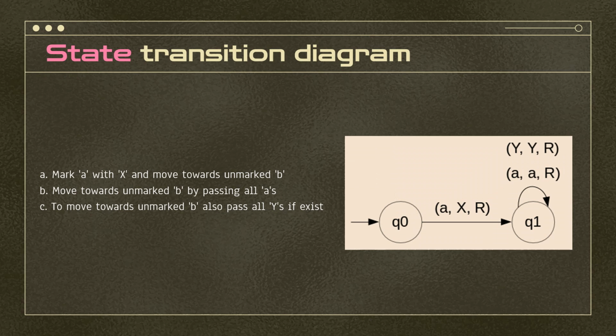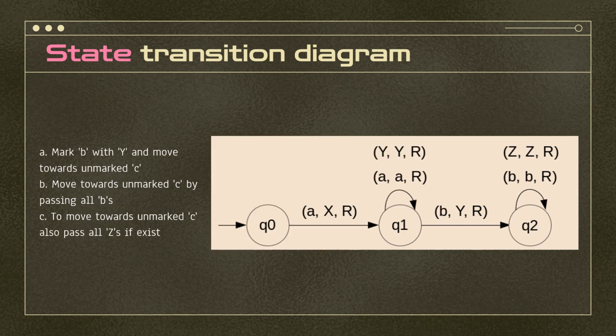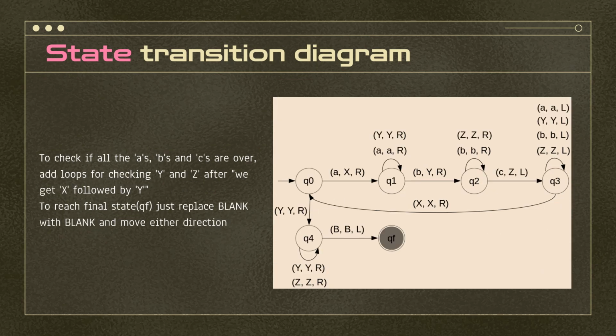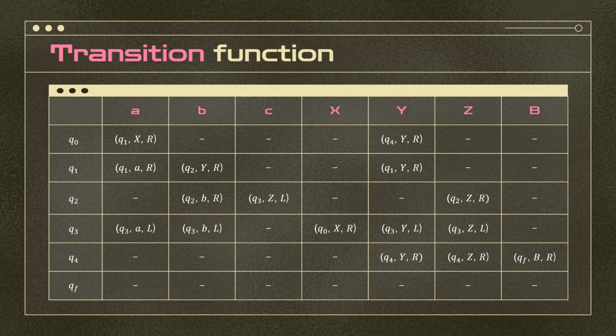We can now draw the state transition diagram for this linear bounded automata. Based on the state transition diagram, we have tabulated the transition function as follows.